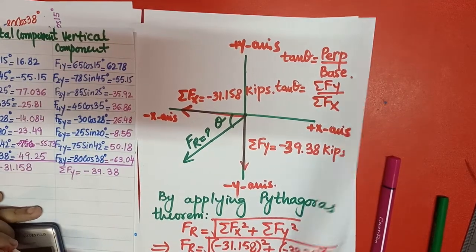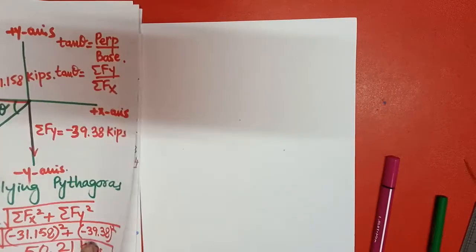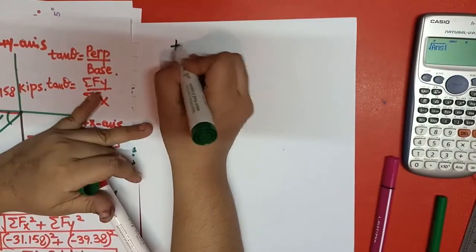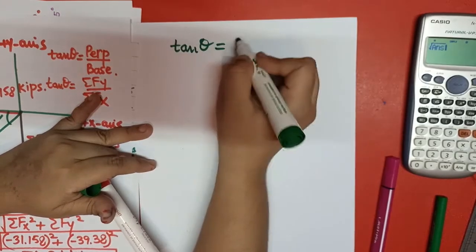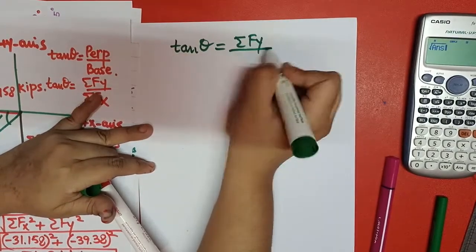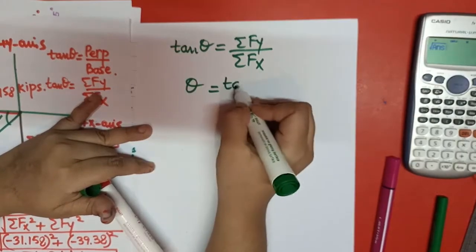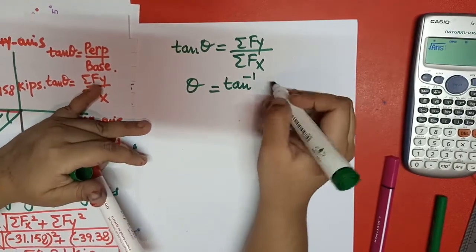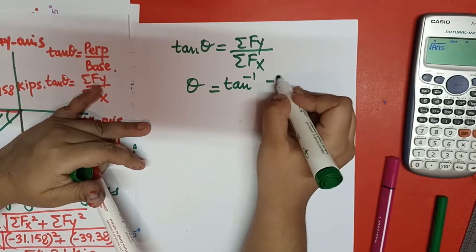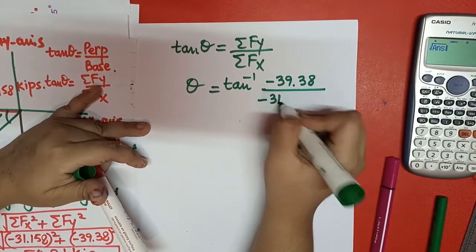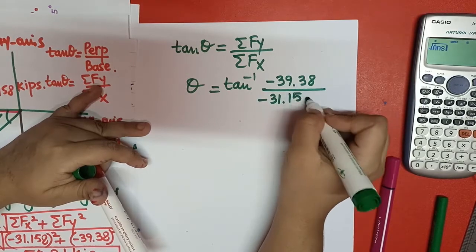So on the next page I am writing, look here. Tan theta is equal to summation of fy upon summation of fx. So you have to apply tan inverse and write down the value of summation of fy. So it is minus 39.38 upon minus 31.158.